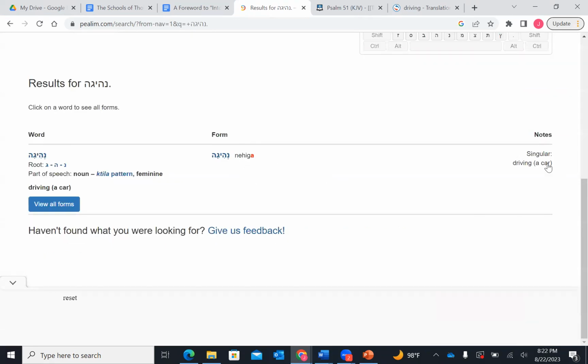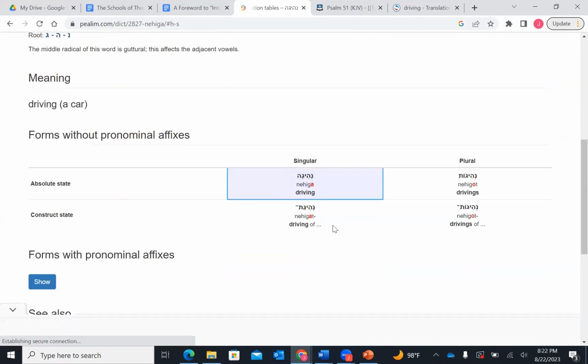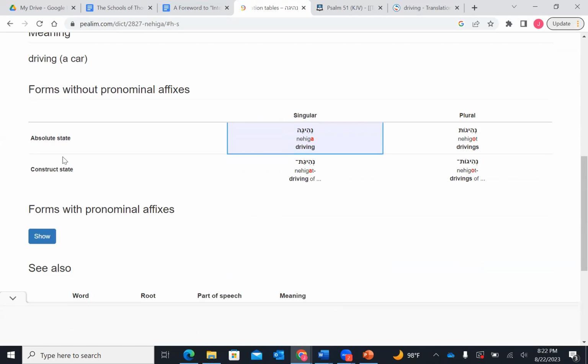And he got to driving a car, right? So you can say, I need Nahiga, right? Let's click on it and see what it says. I am driving. This is the absolute state. This is the construct state. Nahigat.